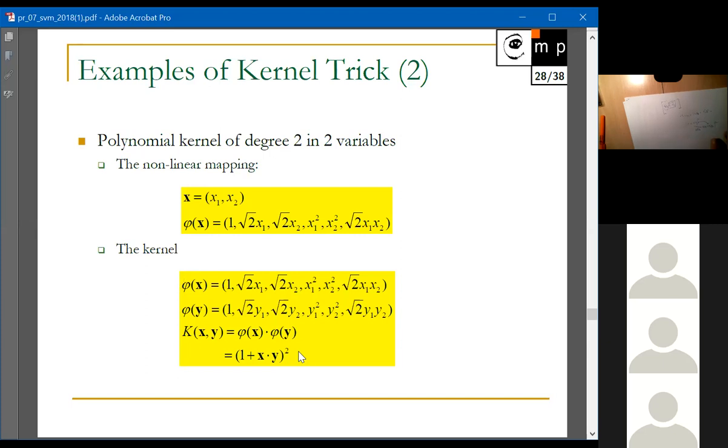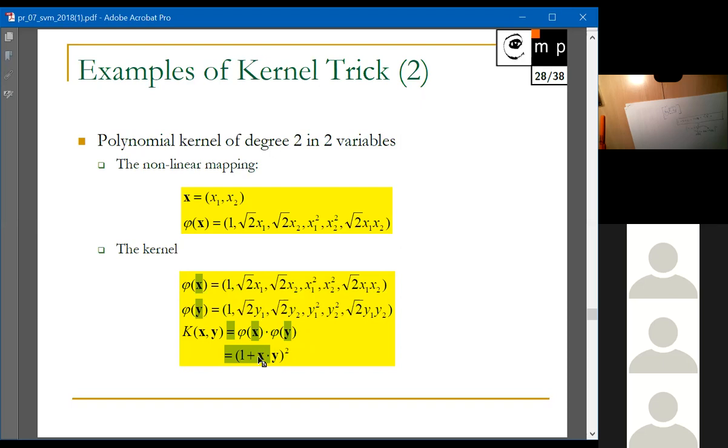When you multiply it all out, you'll get exactly the same sum as if you first went to the six-dimensional space. So for these transformed spaces, there exists a kernel function, that's this k(x,y) here, that is exactly equal to first mapping to high dimensional space and then doing a dot product.